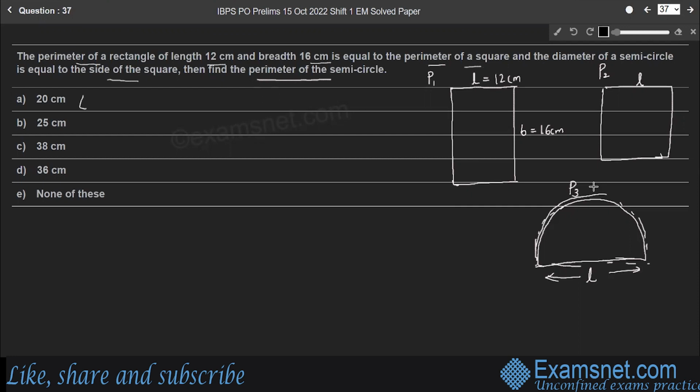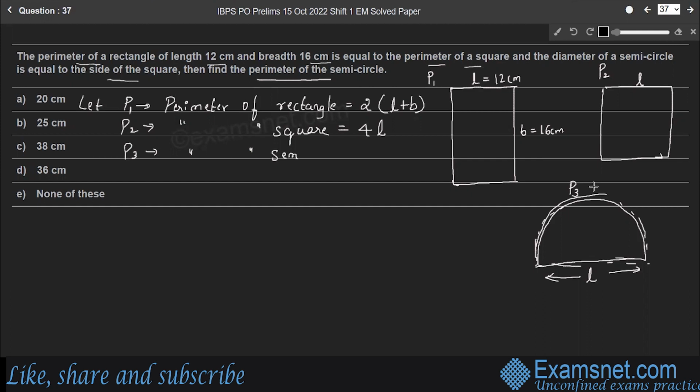Right? So let P1 be the perimeter of the rectangle. By the formula, the perimeter of a rectangle is equal to 2 times its length plus breadth. And P2 is the perimeter of the square, by the formula, 4 times its side. Right? And P3 is the perimeter of the semicircle, which is equal to pi r plus 2r.